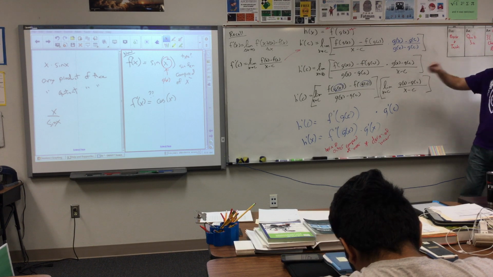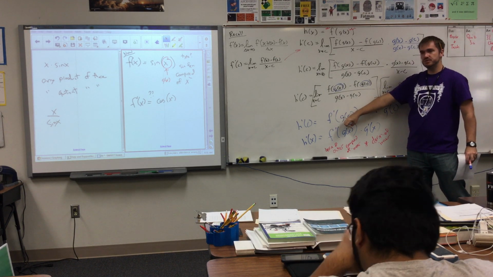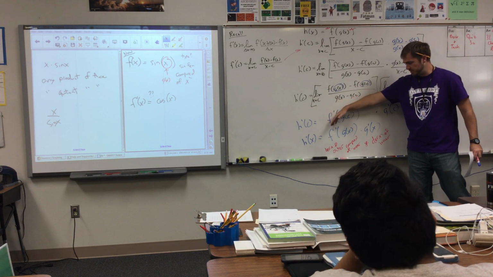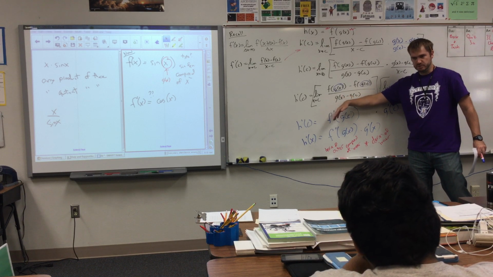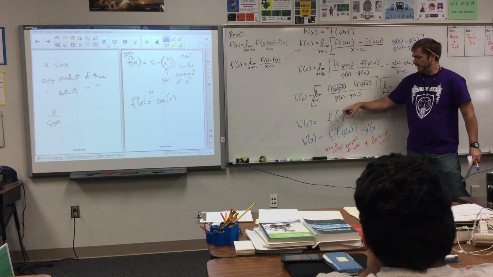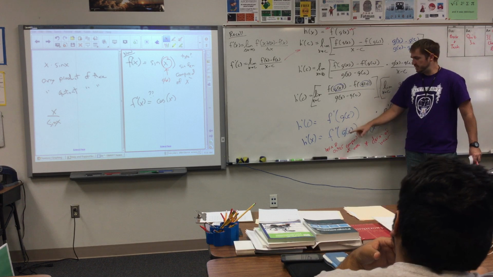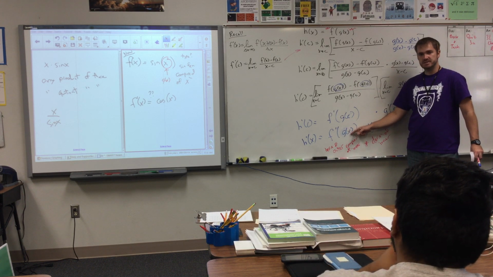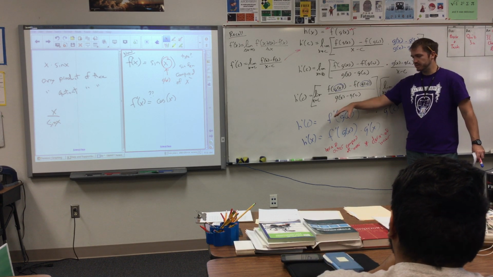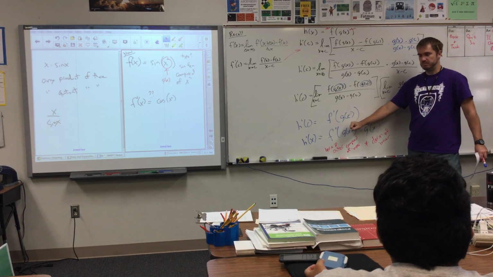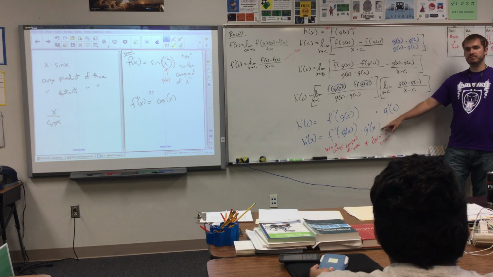Let me say that again. F prime composed of g of x is the derivative of the outer function, and inside, it's g of x, which stays the same. So it's the derivative of the outer with the inside staying the same, times the derivative of the inside.